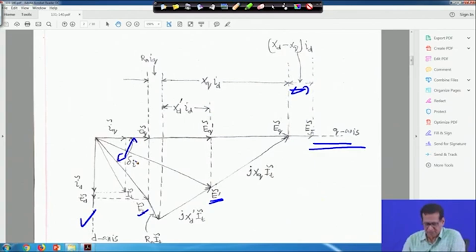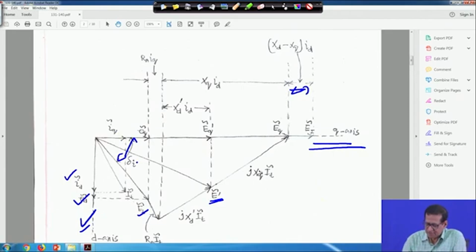We have seen this earlier also, and this is the current IT tilde. The current is lagging from ET tilde, so this is your ID tilde, and this is the d axis. This current is IQ tilde, all along the q axis.